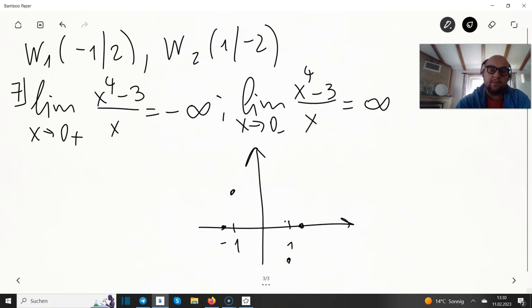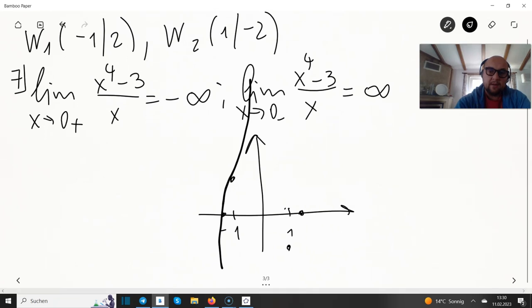Don't forget I'm going to be symmetric as well. So point of inflection is right here. This is the first graph, something like that. And I must be symmetric, so I must be coming this way.